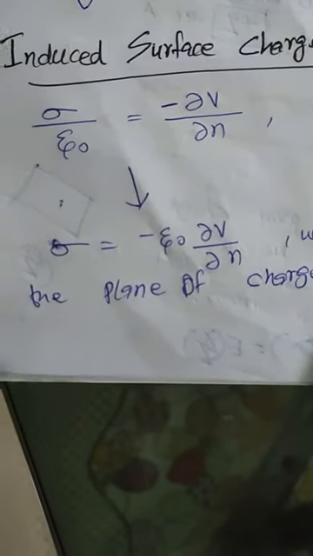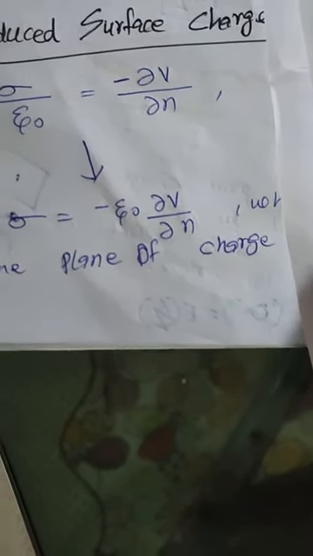Since we placed the positive charge at a distance d above the xy plane, above the plane sheet, we can consider this n as z, because we placed the plus q charge along the z-axis.